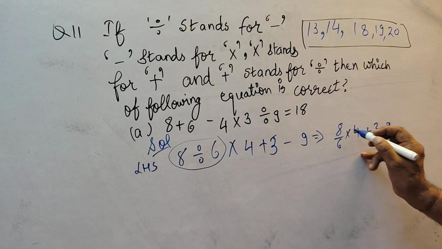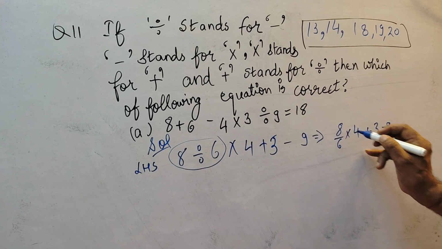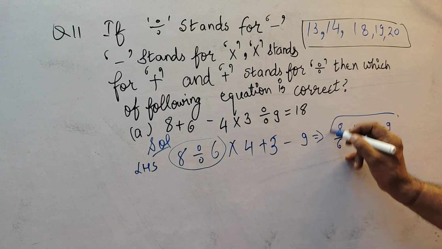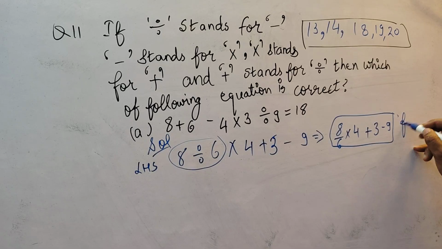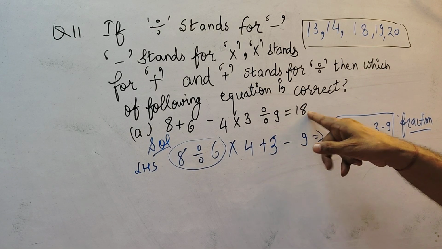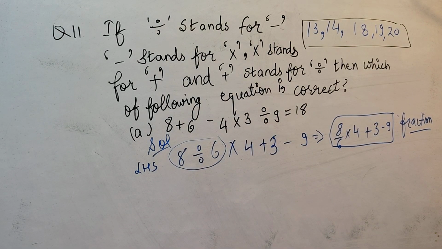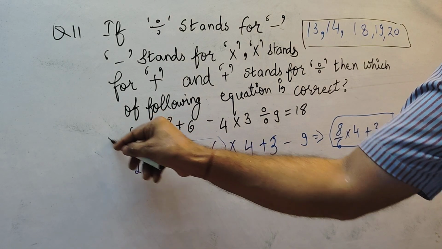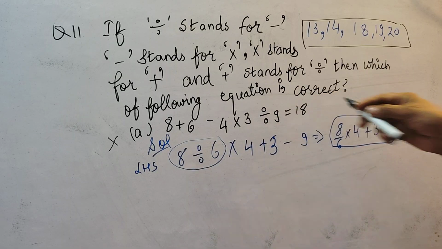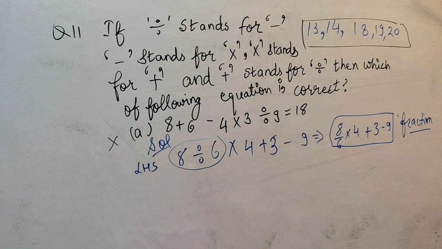So 8 fours are 32, 32 divided by 6 is in fraction form, giving a decimal answer. So it is not equal to 18. 18 is a whole number and this gives a decimal answer, so it is incorrect. Option A is rejected, since the question is asking which one is correct.